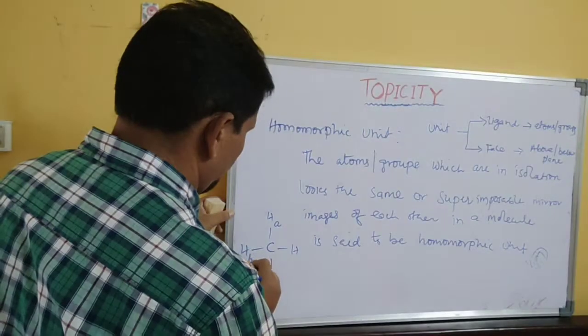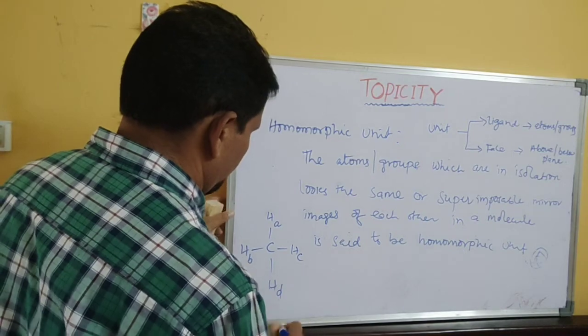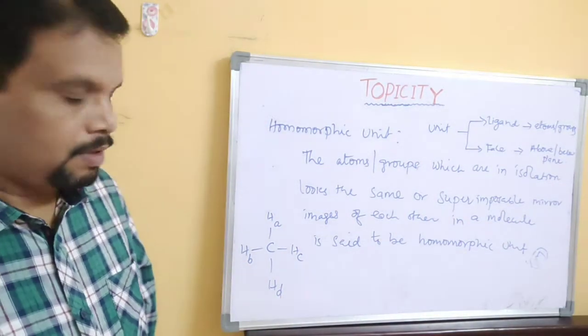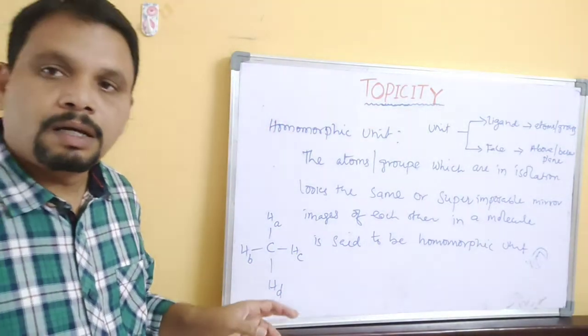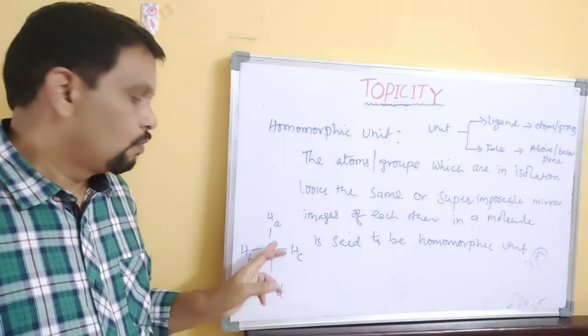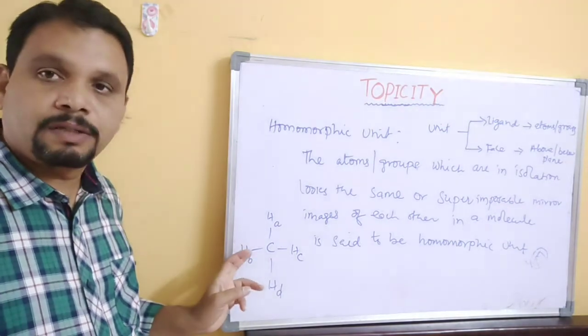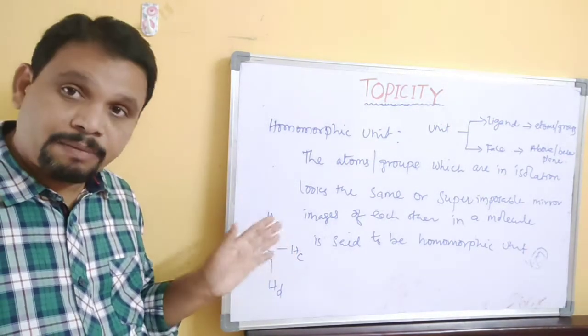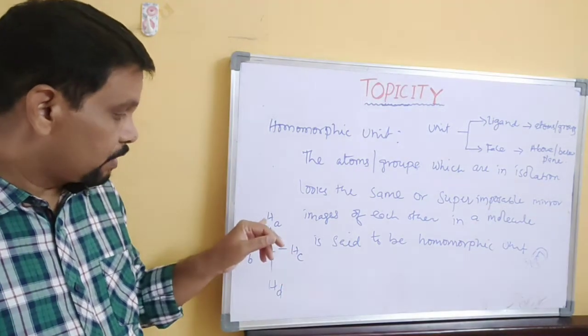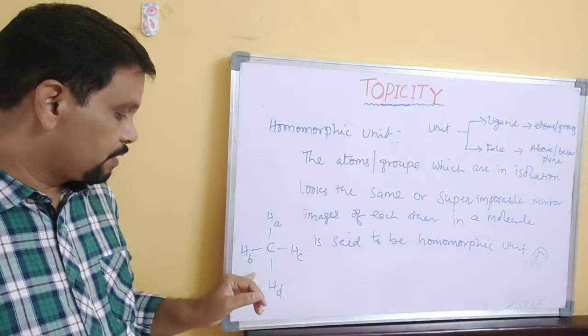A, B, C, D. So in this, the center atom has 4 groups attached which are in isolation. Isolation means separation. They look the same: HA, HC, HB, HD.